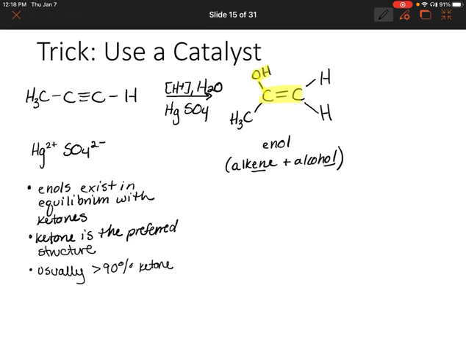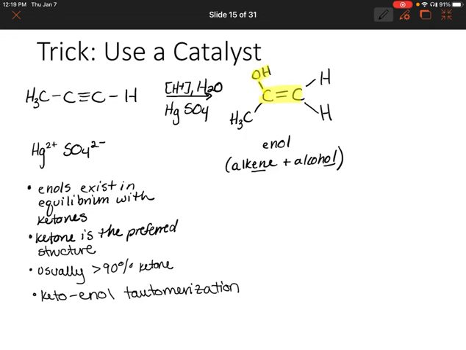Now, the equilibrium between the enol and the ketone is called keto-enol tautomerization, where tautomerization is an equilibrium process. So let's actually draw that keto-enol tautomerization.